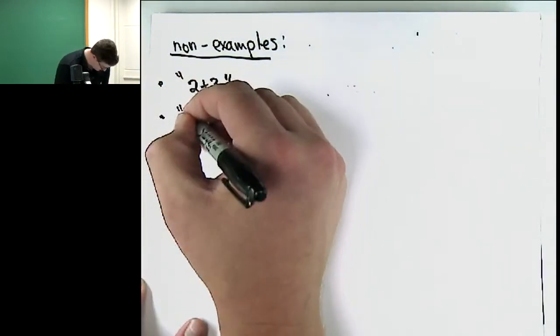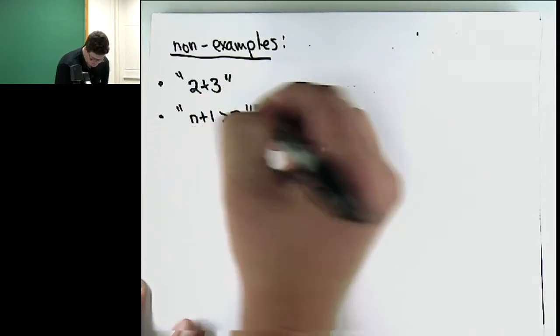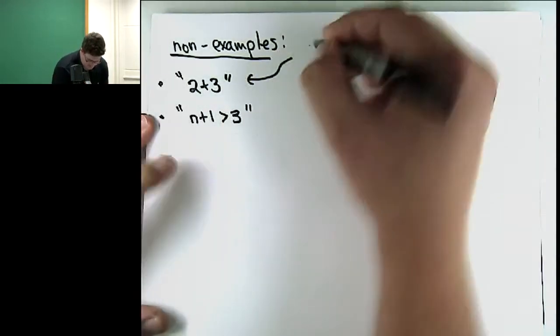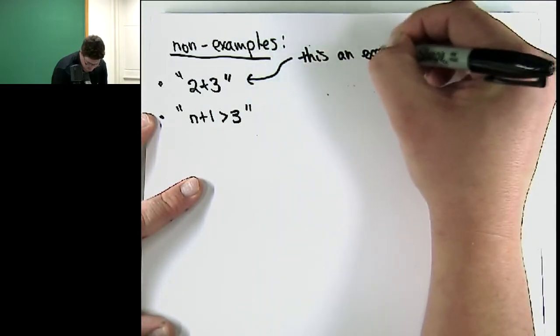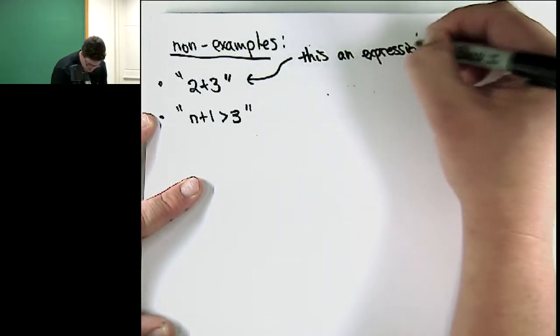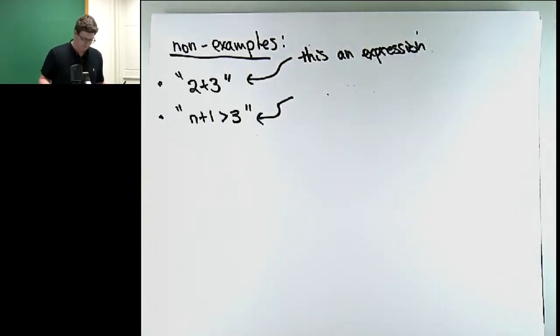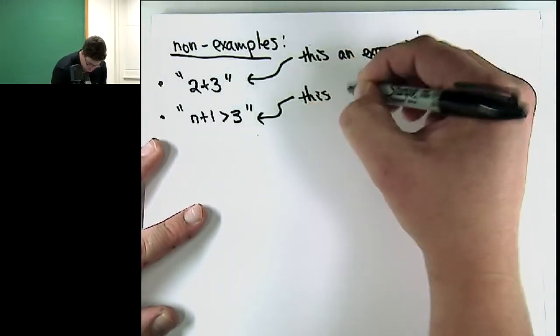Here's another one, and this one's a little trickier. n plus 1 is greater than 3. Let me mark here that this is an expression, and this thing here is what we call a formula.